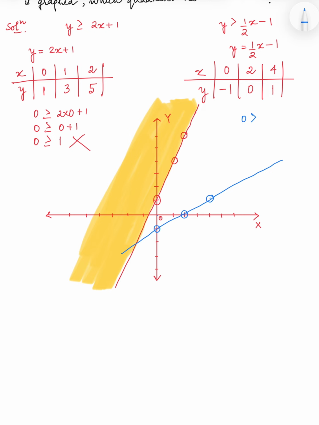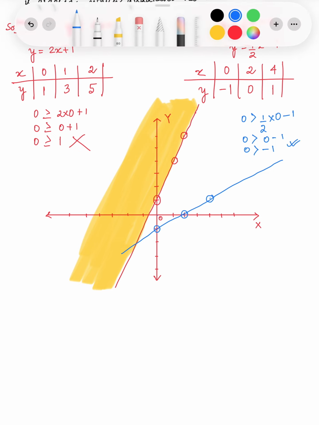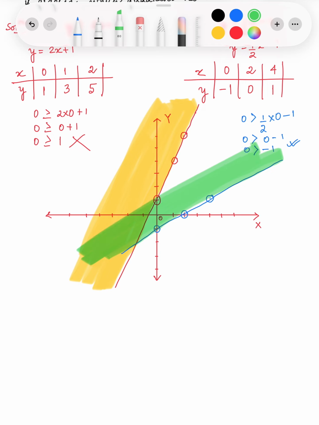So 0 less than half into 0 minus 1. Sorry, it should be greater than 0 minus 1, so 0 greater than minus 1. Now this is correct, right? Because 0 is greater than minus 1. So this is actually a correct point, and this side is also correct.